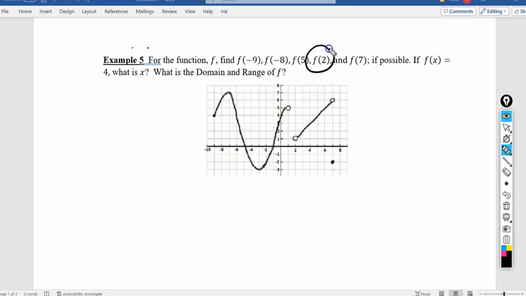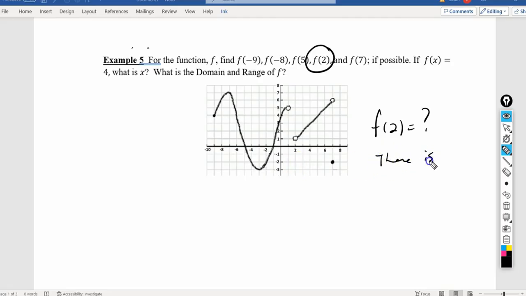Now, what about f evaluated at 2? You find the point whose x-coordinate is 2. Here's 2. I look up, there's nothing. That point is hollowed out, so it's not there. I look down, there's nothing.